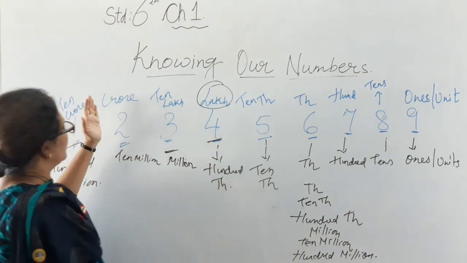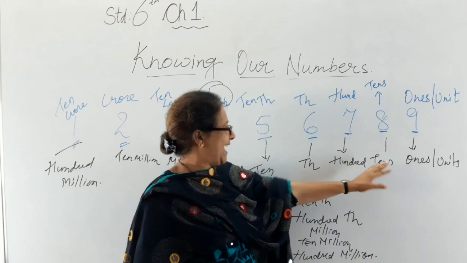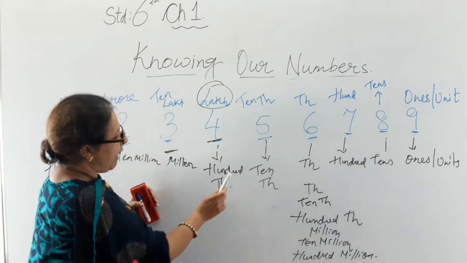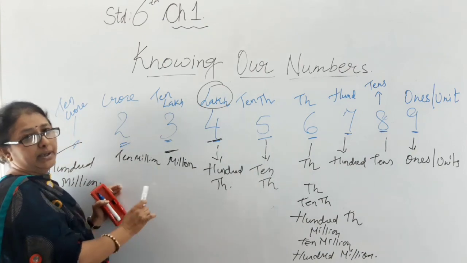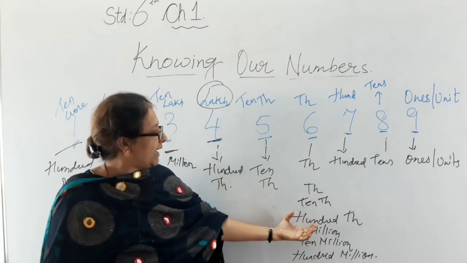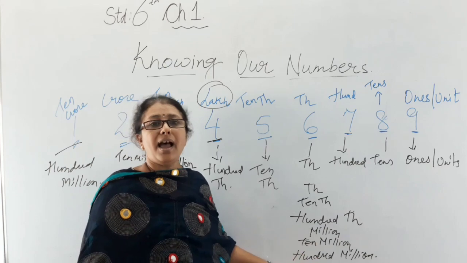Again, for the place of 2, moving from left to right, ones, tens, 100, 1,000, 10,000, 100,000, million and 10 million. So in the international system, lakh is replaced by 100,000 followed by million, 10 million, 100 million.